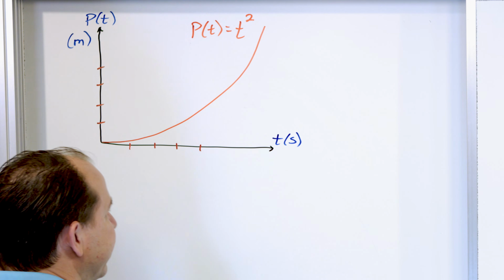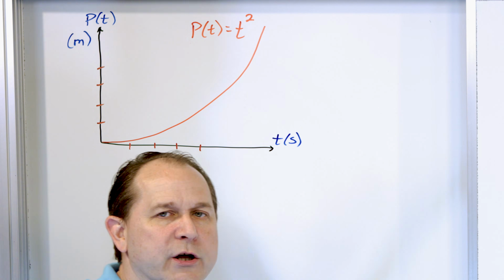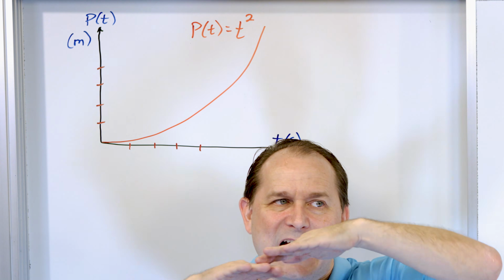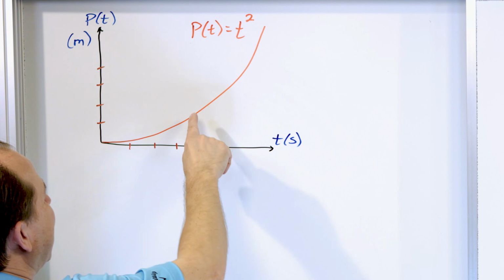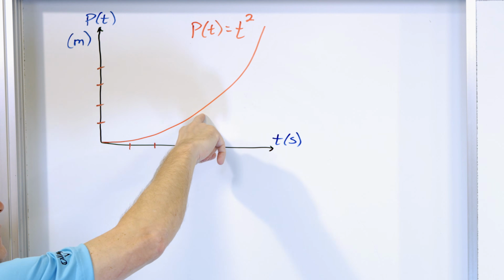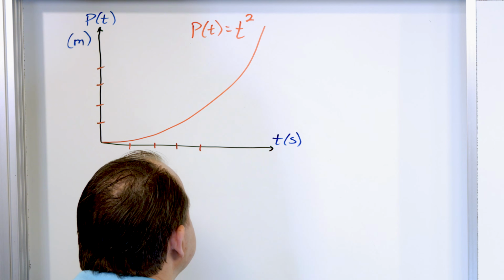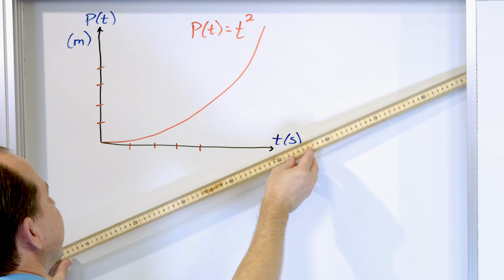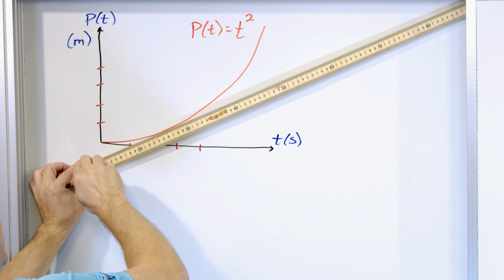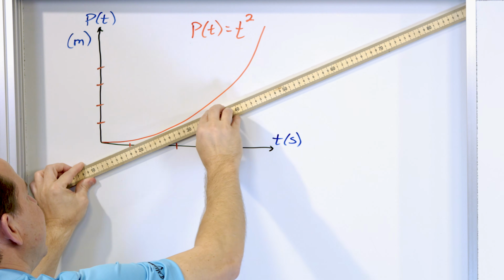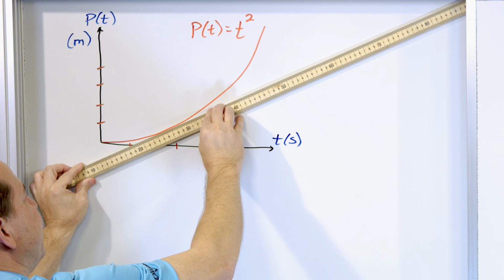But if I ask you, what is the slope of this thing? Well, you're not going to know what to say because it's not a straight line. So if I ask you what is the slope of this thing right here, what would you tell me? Well, it's curving, so you probably wouldn't know. So in calculus, what we say is the slope of a curve, or the rate of change of something, is the slope of the line that is tangent, which just means barely touching the curve at one point.